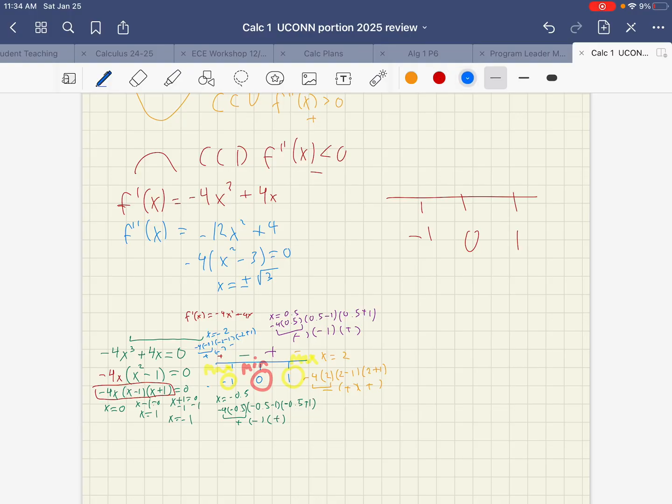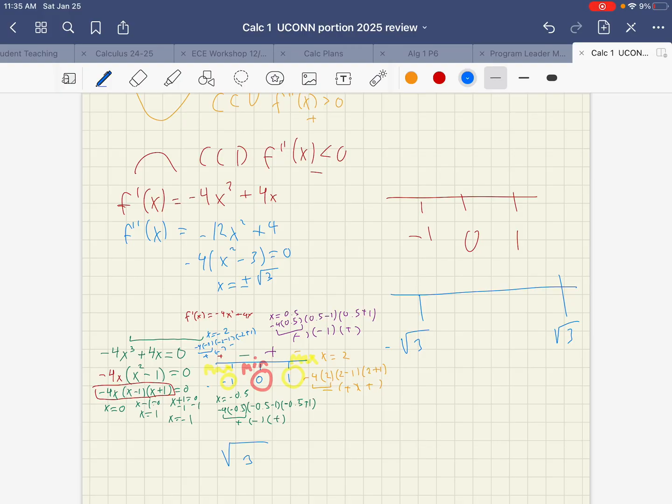I now have my inflection points, the spots where the second derivative is going to be 0, at negative square root of 3 and the positive square root of 3. The square root of 3 is going to be larger than 1, and the negative square root of 3 is going to be to the left of -1. This doesn't have to be super precise, but you can think about the values in between.